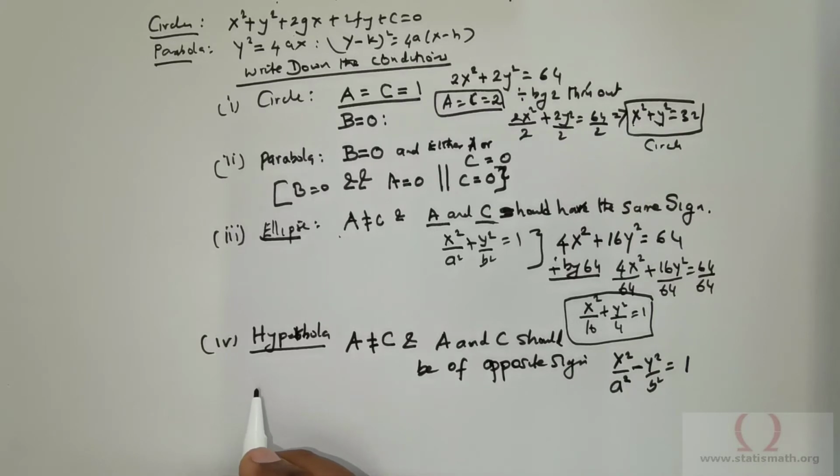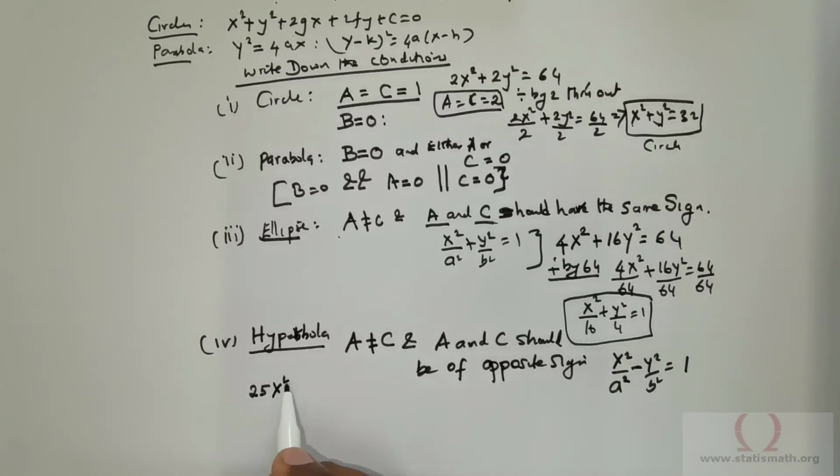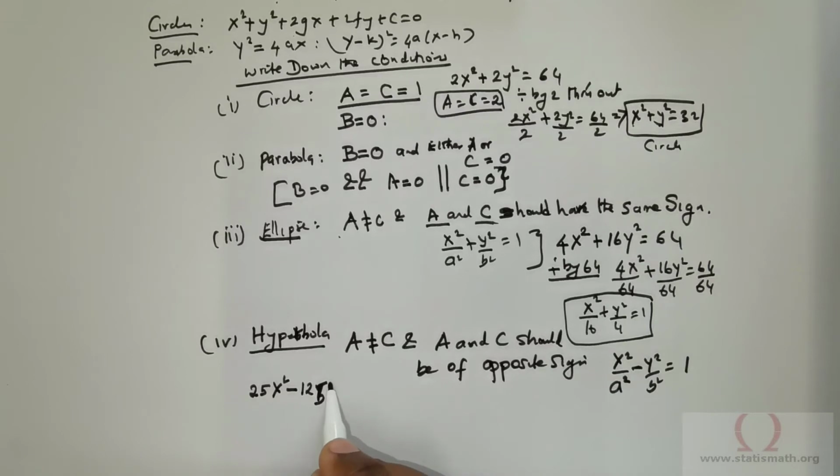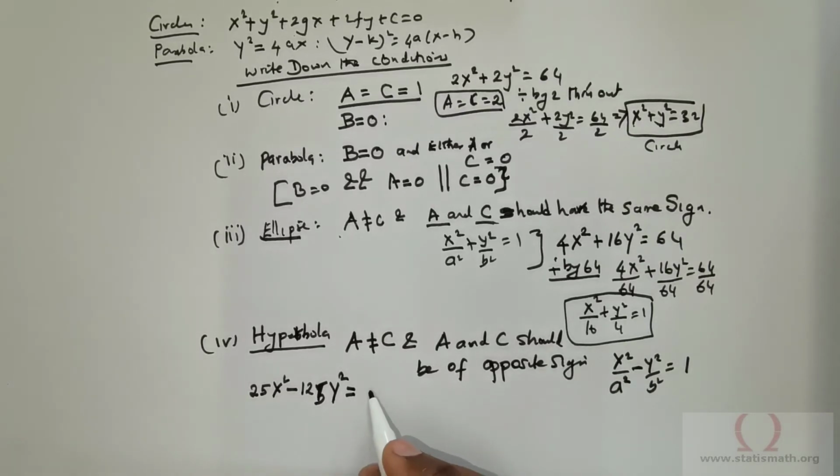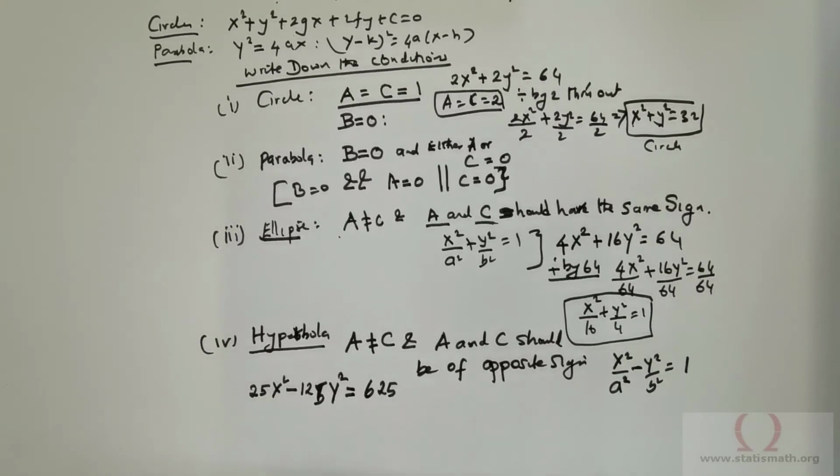So if I were to give an example, say 25 times x squared negative 125 times y squared is equal to 625. Say suppose we got something like this. In this case you see the coefficient of x squared is 25, the coefficient of y squared is 125, but the signs between x squared and y squared are different.